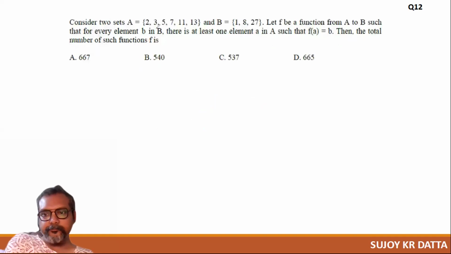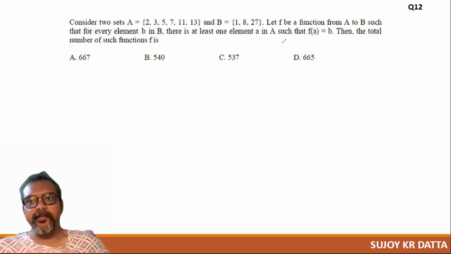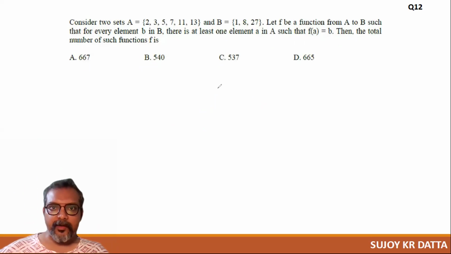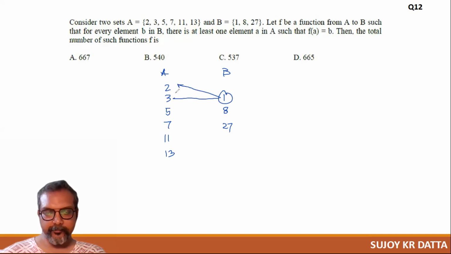2 sets. A is this and B is this. And let F be a function from A to B such that for every element in B, there is at least one element in A. So we need the total number of functions from A to B such that for every element in B, there is at least one element in A. You can have a mapping like this also.